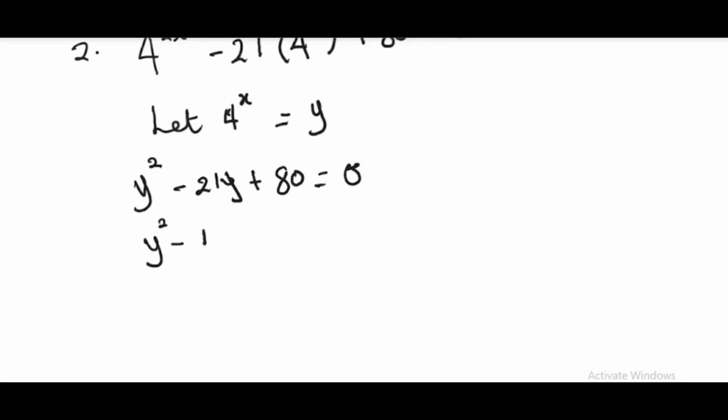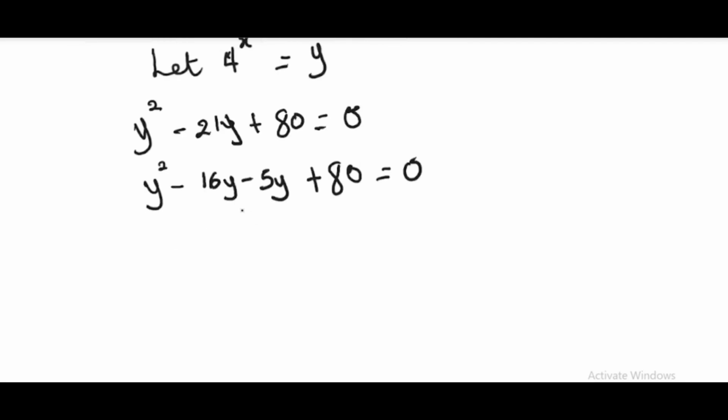So we have minus 16y minus 5y plus 80 will give you 0. Okay, so we group and then factorize.